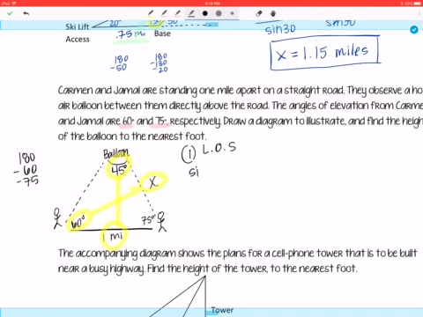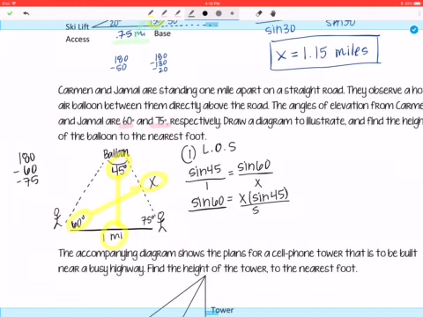So we would say sine of 45 over 1 mile is the same as sine of 60 degrees over X. All right, when we cross multiply, we get sine 60 times 1 equal to X times the sine of 45. And we're going to end up dividing both sides by the sine of 45.